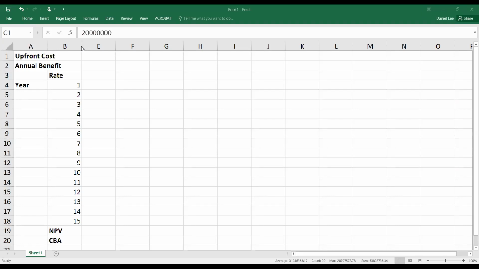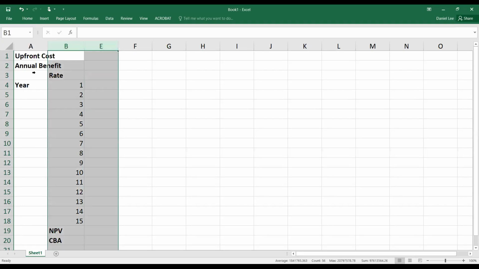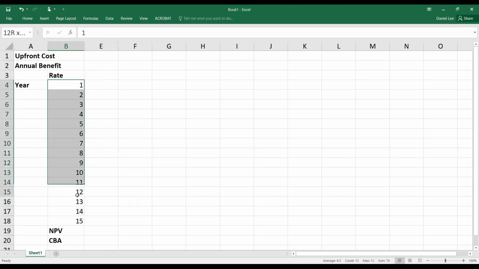All right, so first, I've got this set up. I've got 15 years. We've got an upfront cost and an annual benefit. Can everyone see my screen okay? So what's our upfront cost? 20 million. 20 million, and what's our annual benefit? 1.5 million.